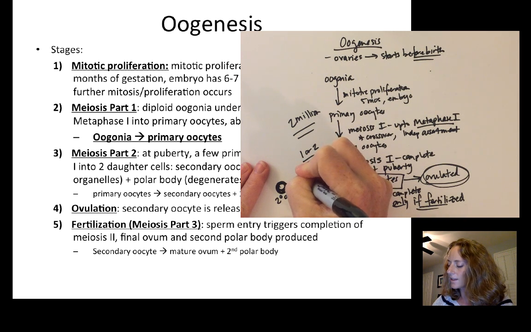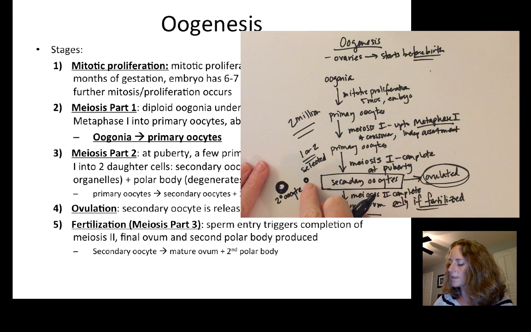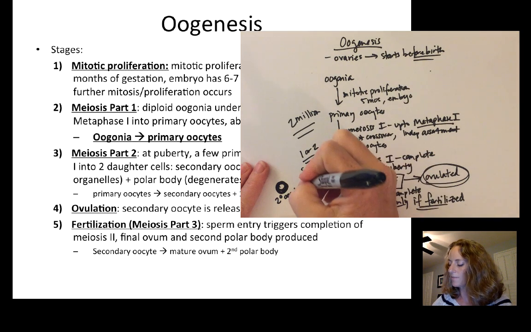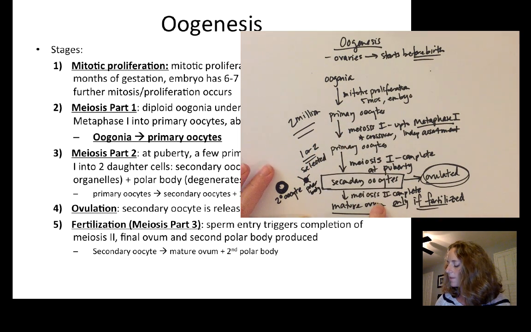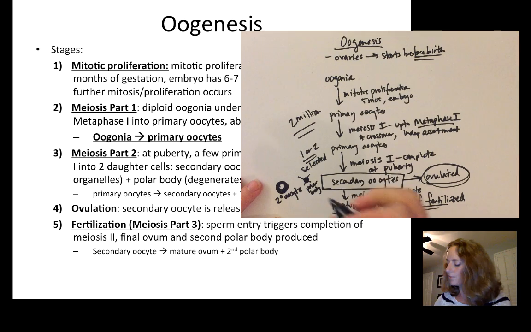And the second cell, which will be the second daughter cell of meiosis I, gets degraded and is called a polar body.